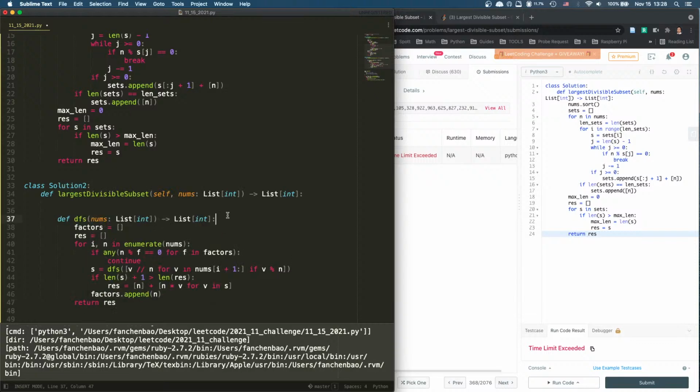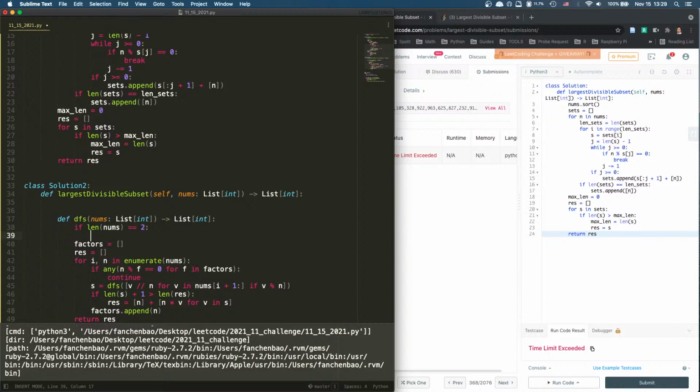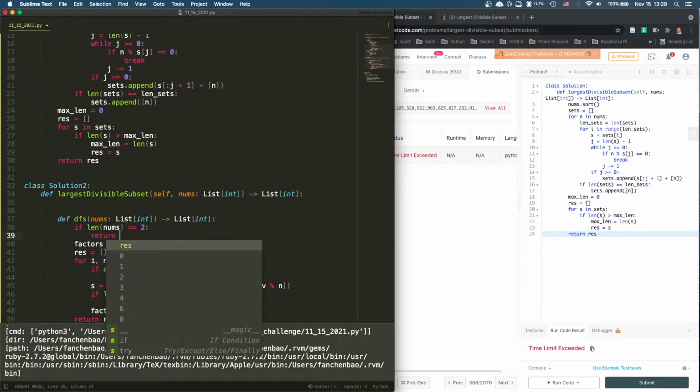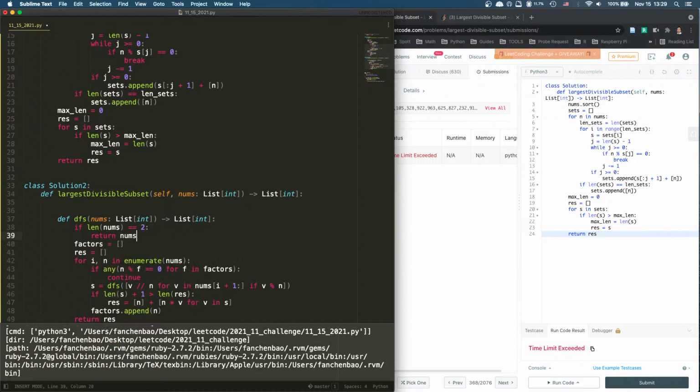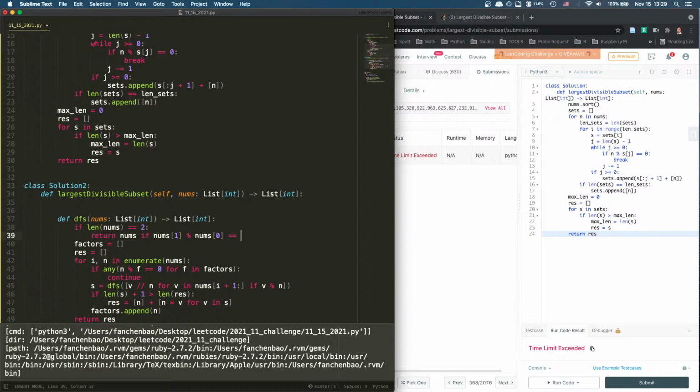Okay. How about if len(nums) equals 2, right? That's the edge case. If len(nums) equals 2, well, what if it equals 1? If len(nums) equals 2, return nums if nums[1] is divisible by nums[0], else we just return the first one. What if there's a 1?